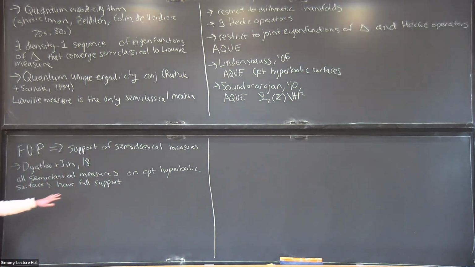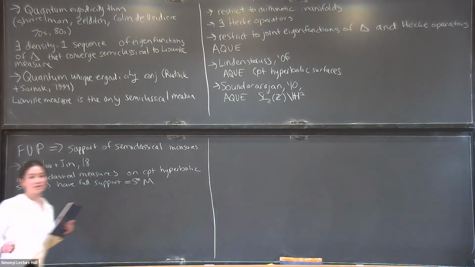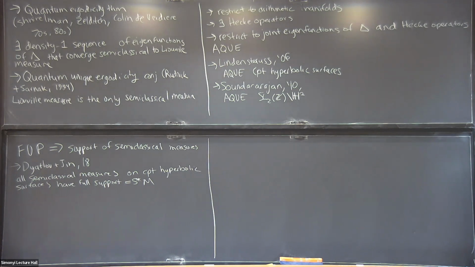So just to clarify what I mean by full support, as I mentioned before, the support of semiclassical measures is contained in the cosphere bundle. So this means the support is equal to the cosphere bundle.